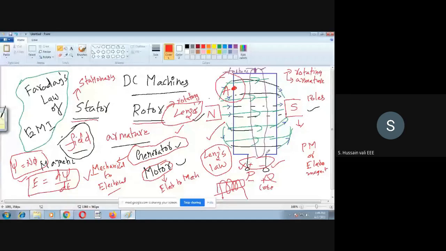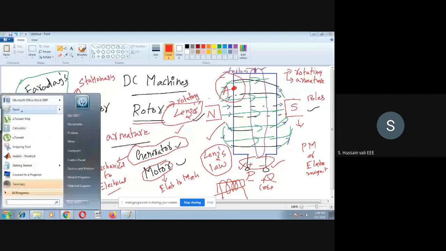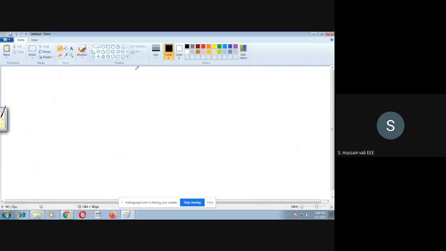Okay, so this is about the generator. Now let me take the case of a motor, for example, a DC motor.